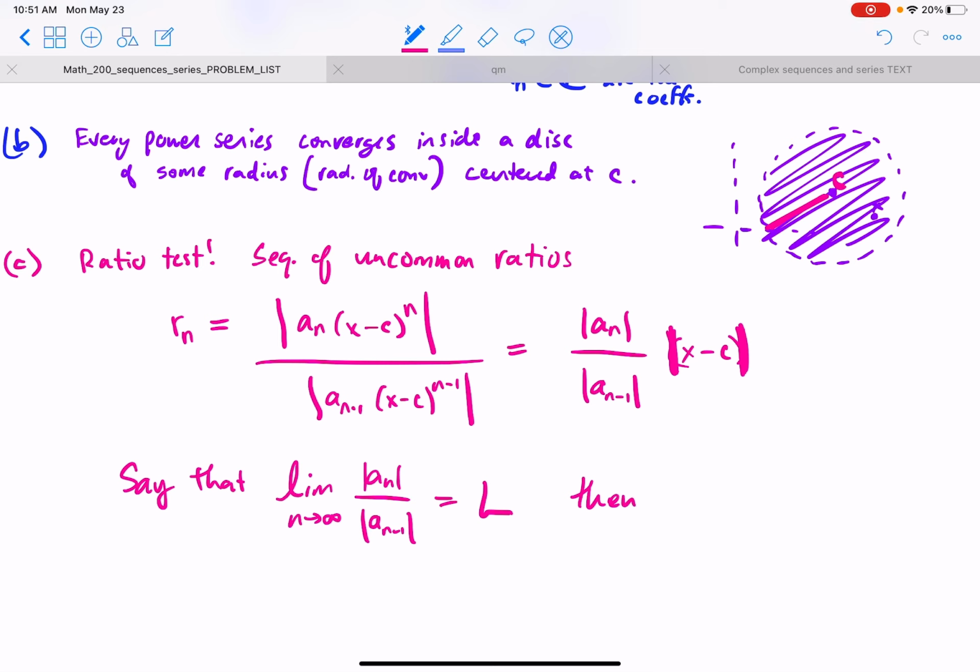Then the limit of the r sub n's, from the ratio test, is less than 1 exactly when the absolute value of x minus c is less than 1 over L. In other words, look right here.